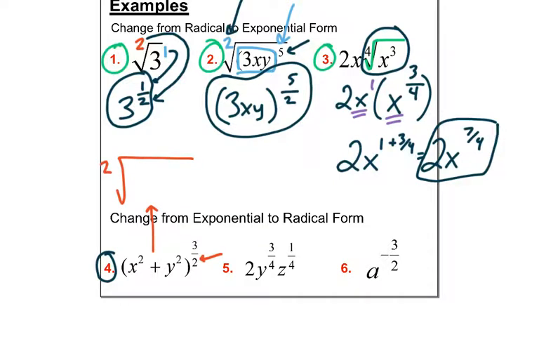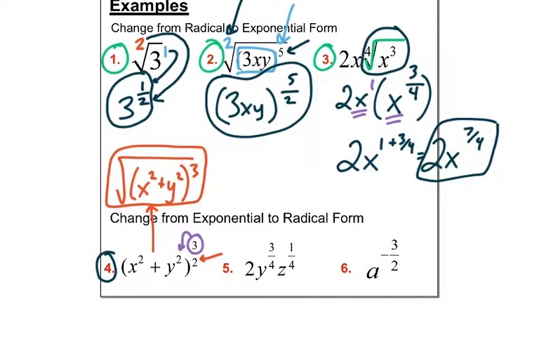I can put the 2, or I don't have to because it's a square root. And the 3 should be attached to this base. All right, well, inside I should have x squared plus y squared, and the 3 goes there. There you go. You can always go backwards and double check. This is x squared plus y squared to the 3 divided by 2.